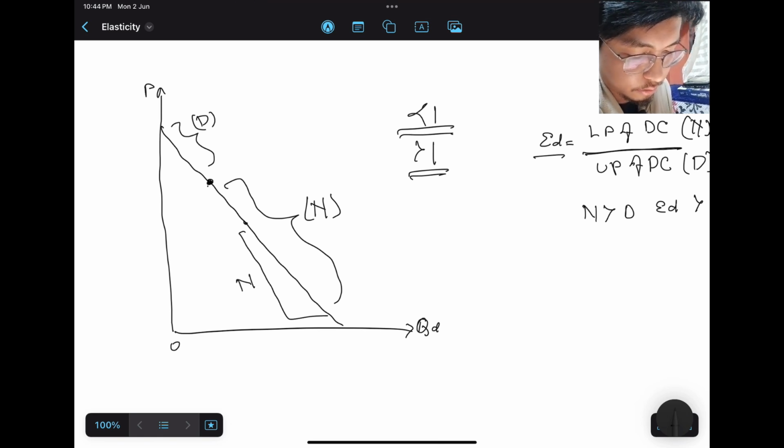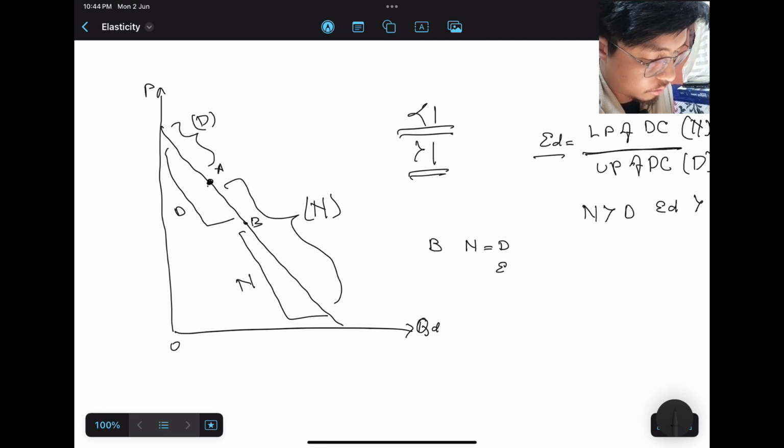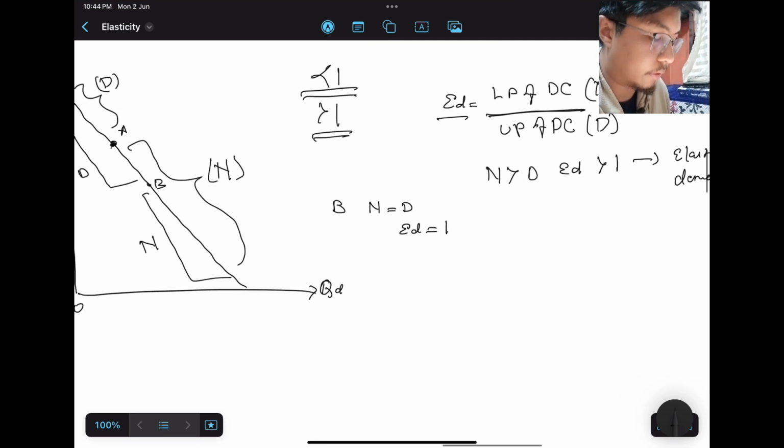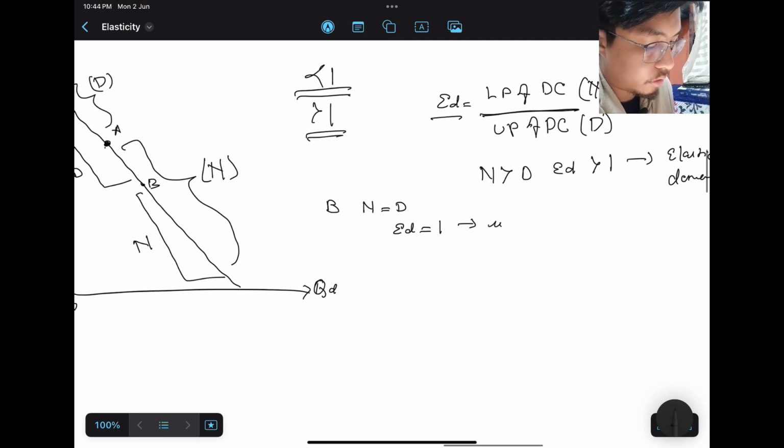Your numerator is, let's say, equal to your denominator. So at this point, let's say this is A, this is B. At point B, your numerator is equal to your denominator, then your ED is equal to 1. That means you have unit elastic demand.